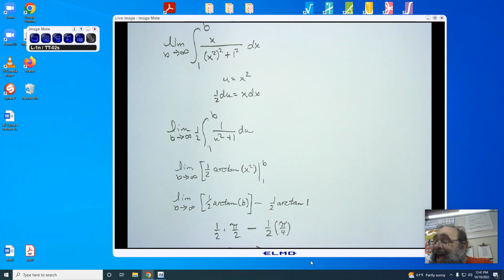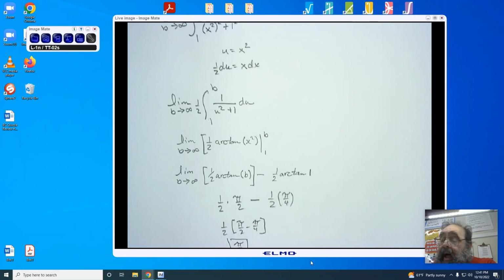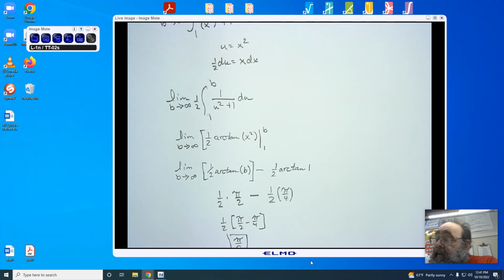Now, because this had a sum, I can now state that the summation as n starts at 1 to infinity of n divided by n to the 4th plus 1 must converge by the integral test.